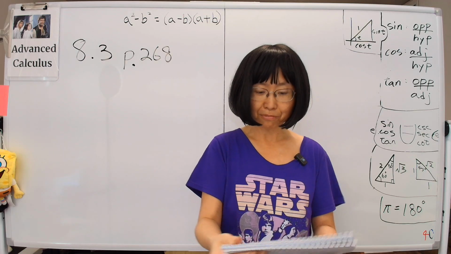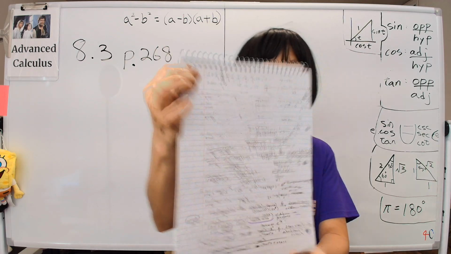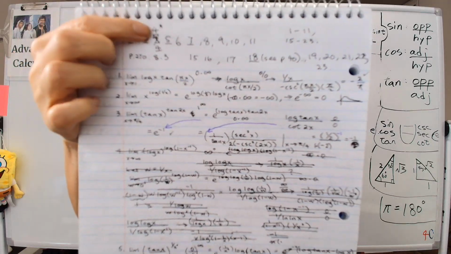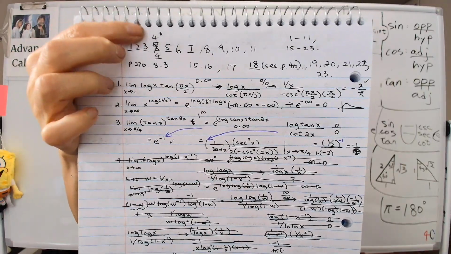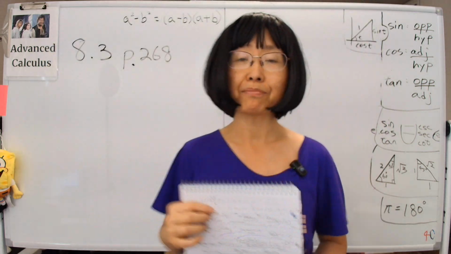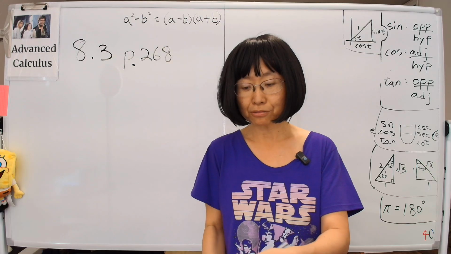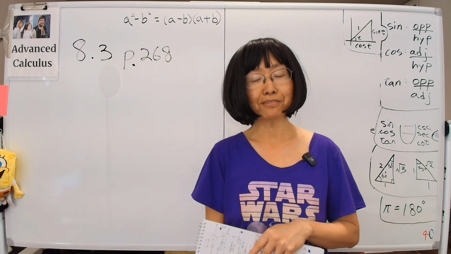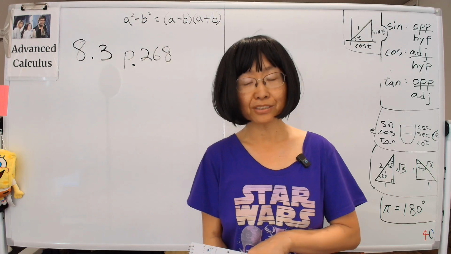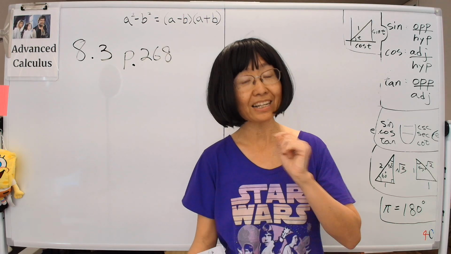Some are somewhat short, whereas others, for example, I was completely stuck on problem 4 for the longest time until I finally figured out a trick to do it. In fact, for problem 4, I even looked up on the internet, Googled it to see how it's done. And Google tells me to use Taylor expansion, which is okay, except that we haven't gone through that yet. That's in the next section.